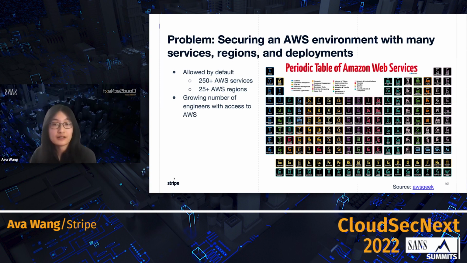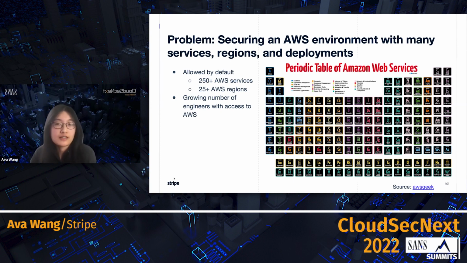Here we have a diagram, which is a periodic table representation of a selection of AWS services. As you can see, the number of services is overwhelming, and each AWS service, such as S3, has a wide range of configurations and insecure settings, such as allowing anyone to read or write to an S3 bucket.